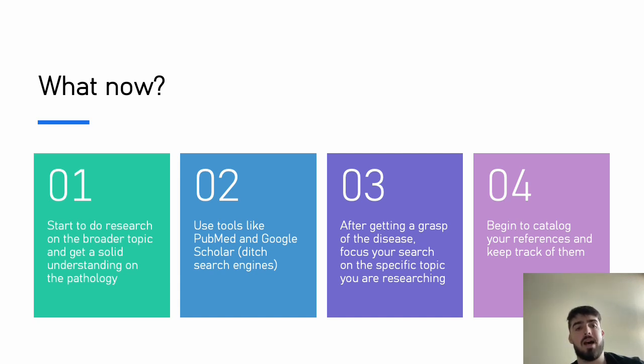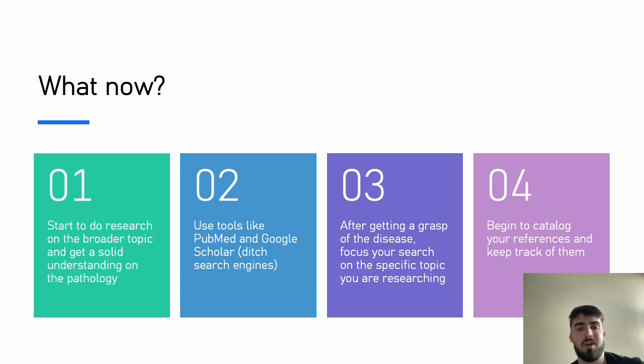Do a super deep dive into that specific thing and then present it to your mentor and just talk to them about what the disease is so that you can gain a better understanding of it. And make sure you use tools like PubMed and Google Scholar to find this information.